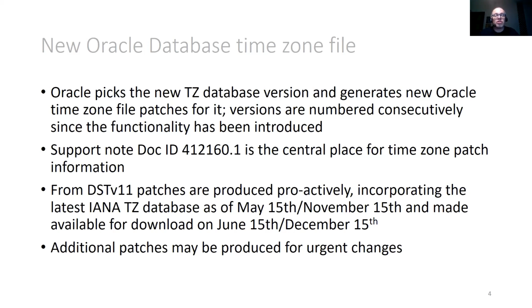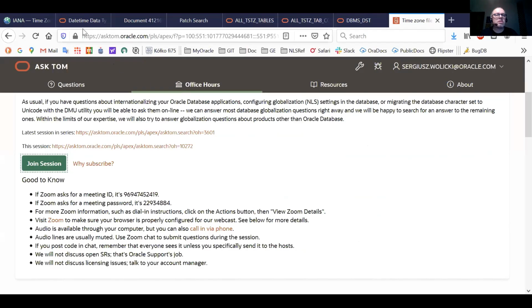There is a support note with the number that you can see on the slide, which is a central place for time zone patch information. It's a pretty long file. Let me share this with you.